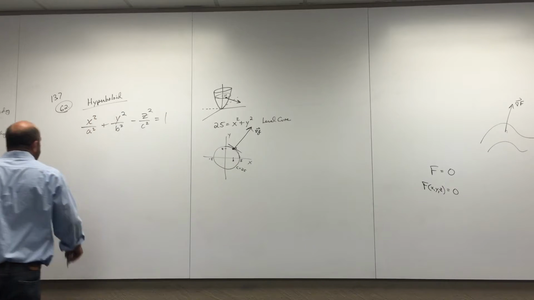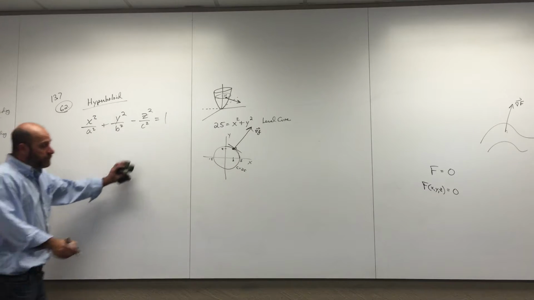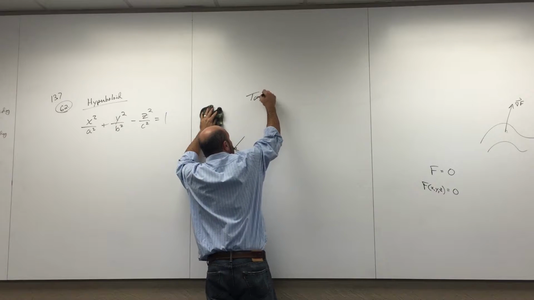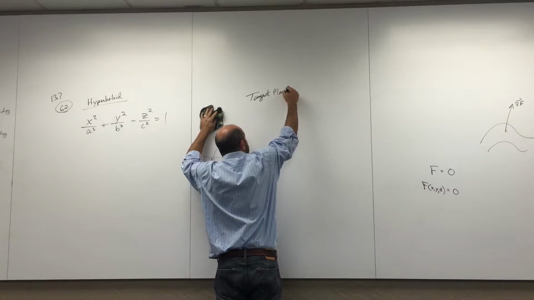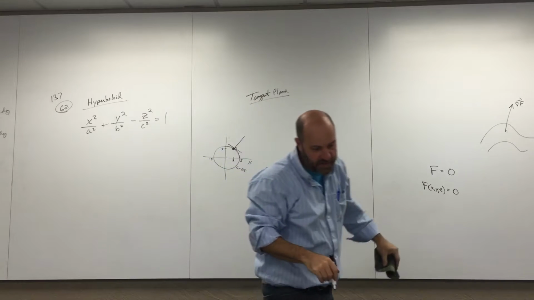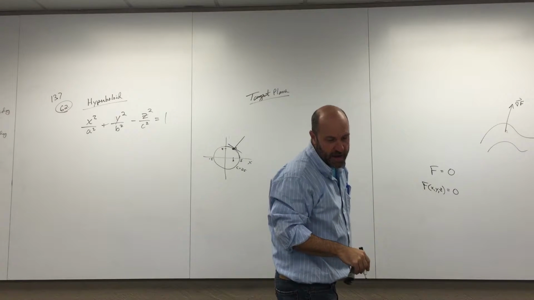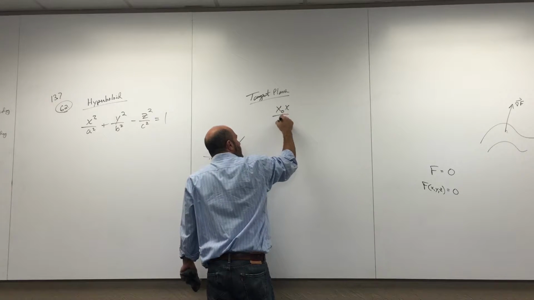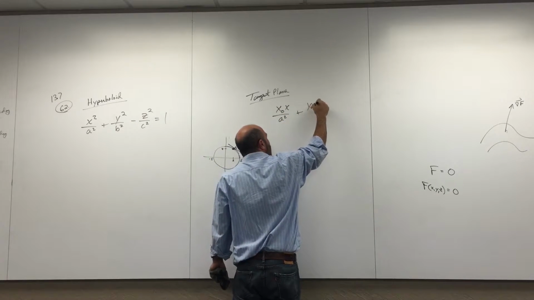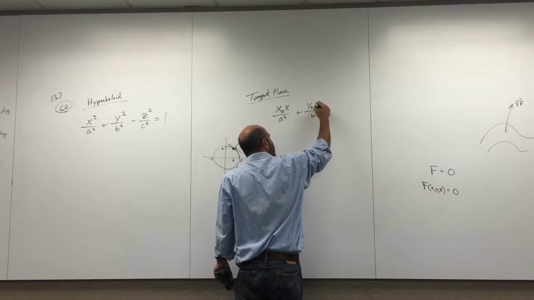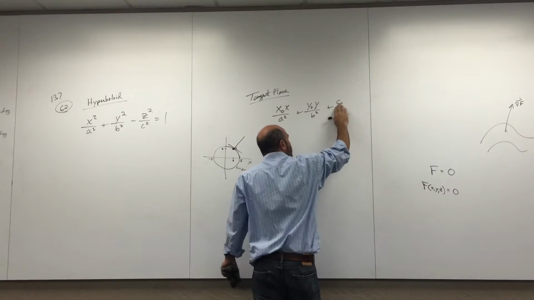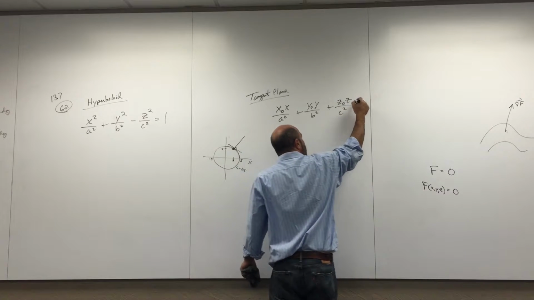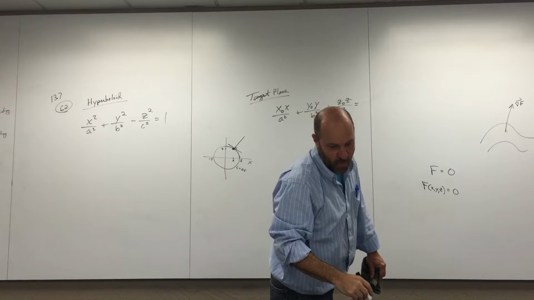Here's what they say. They say the tangent plane is going to be this: x naught x over a squared, plus y naught y over b squared, minus z naught z over c squared equals 1.